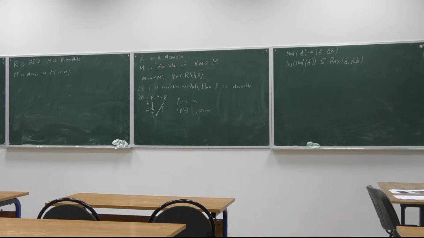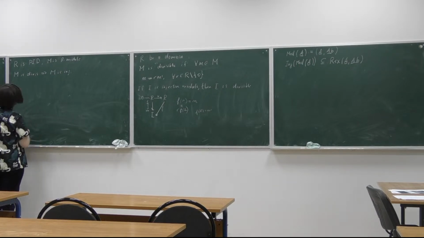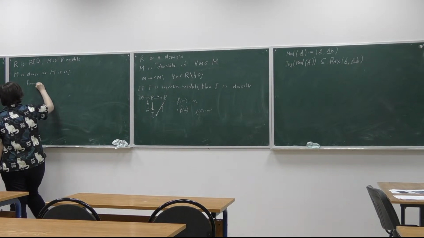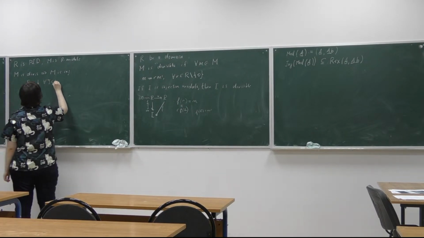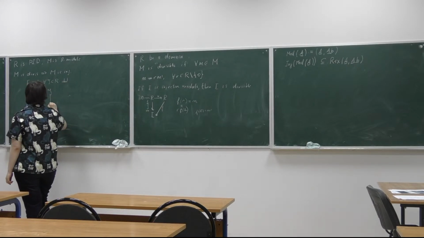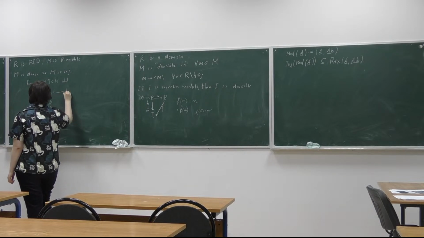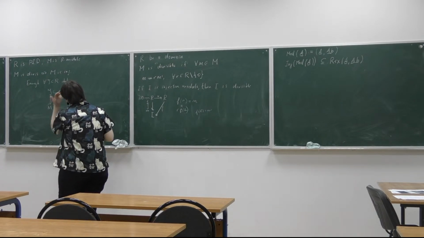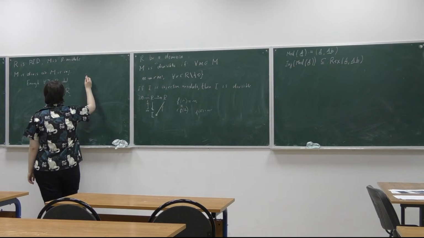Вы решили? Расскажите. Ну, достаточно доказать, что для любого идеала и отображения вот такого, его можно продолжить. Но его можно продолжить, потому что это главный идеал, и он divisible.